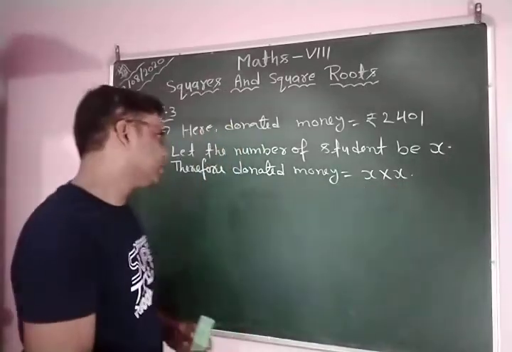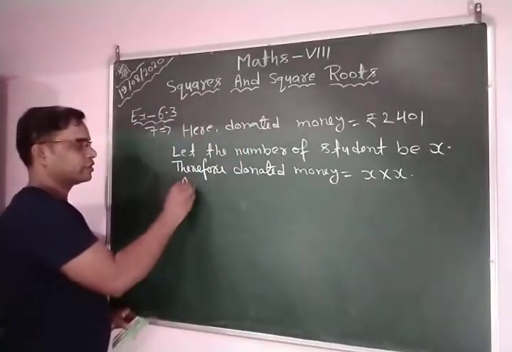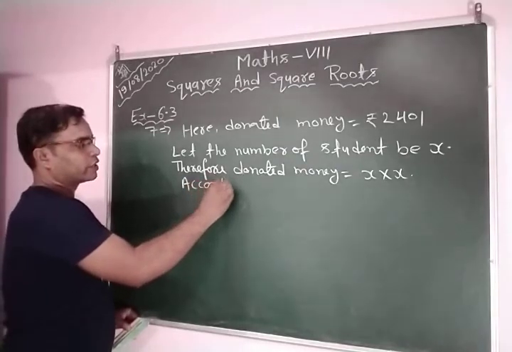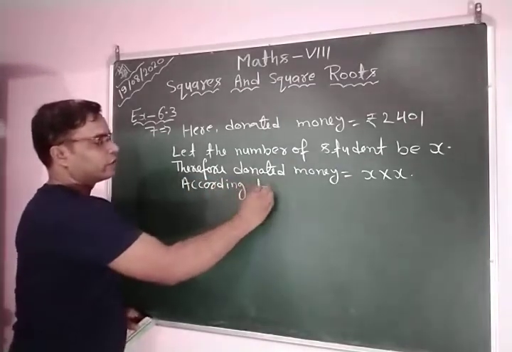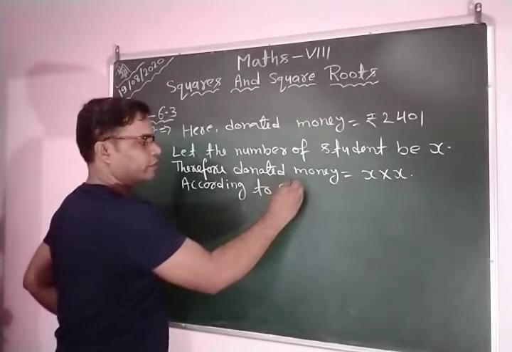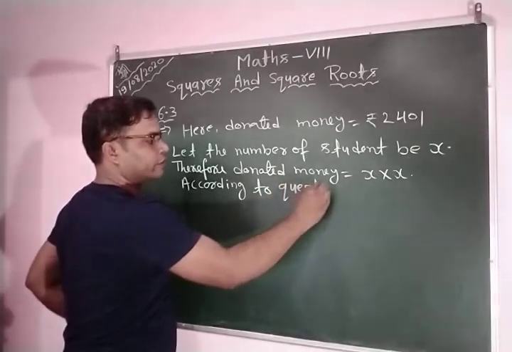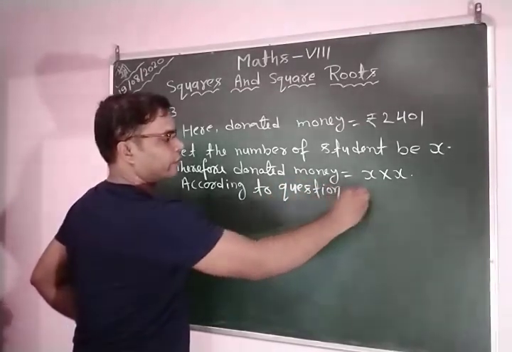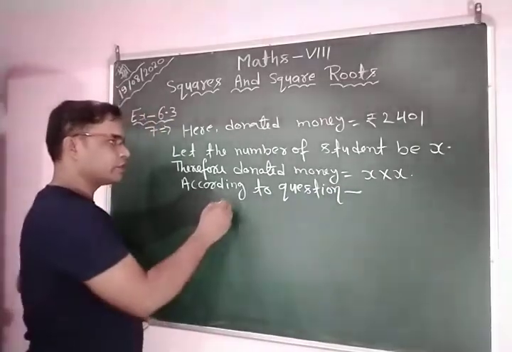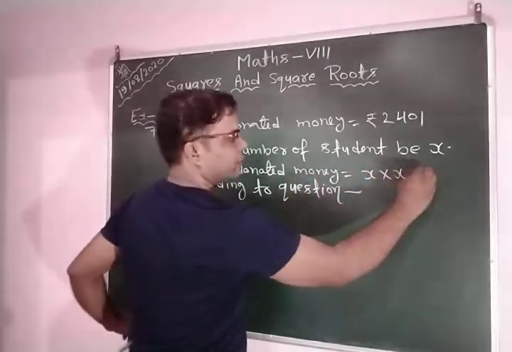According to the question, x into x is equal to x square.